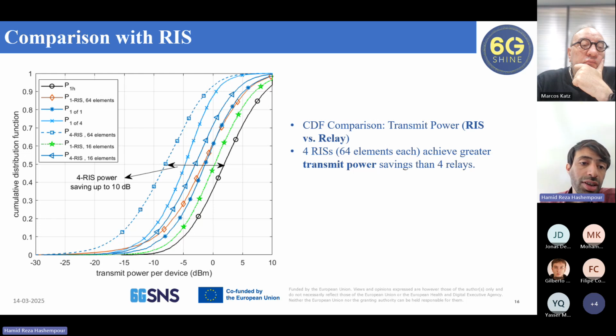For a special case, for example in this curve, you can see that we have a gain of about 10 dB compared to single hop transmission for power saving, which can outperform the 1 of 4 relaying. So in general, we can say that RISes have better capability for transmit power saving compared to relays.